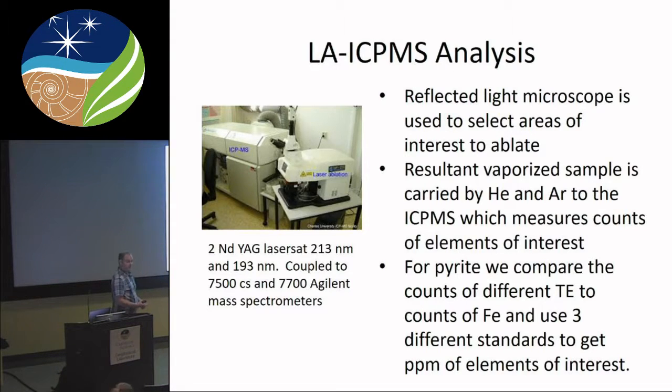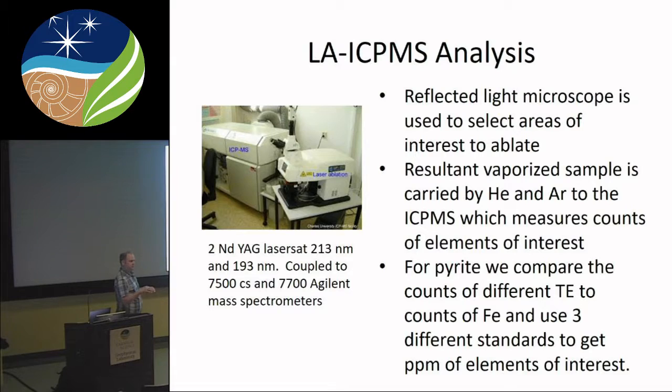So one of the main techniques I've used is laser ablation ICP-MS analysis. What we do is take our rock sample with our pyrites of interest, use reflected light microscopy to pick regions of interest, and then we use a laser to vaporize a small area of it in a helium atmosphere.